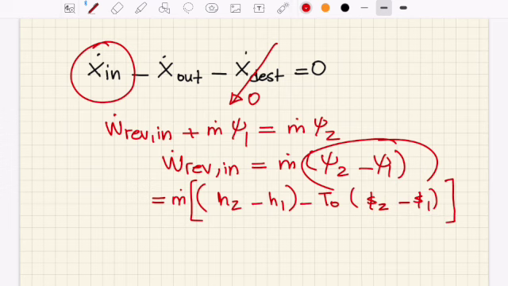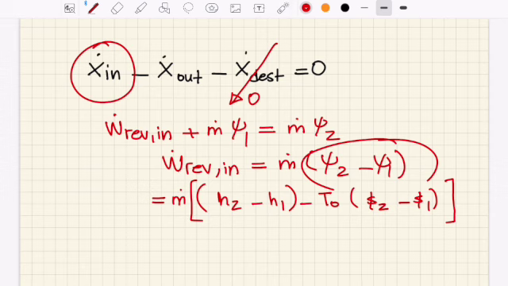The mass flow rate is given, and T naught is known. However, we don't know the second state entropy or enthalpy, so the question is, how do we figure that out?